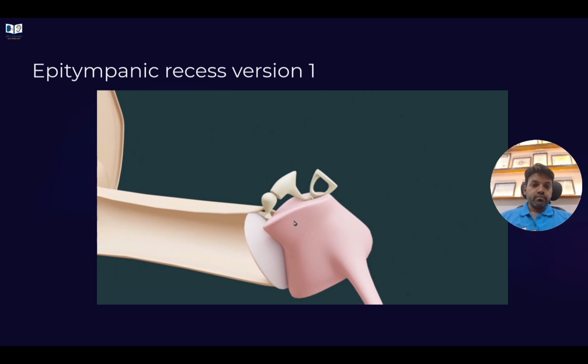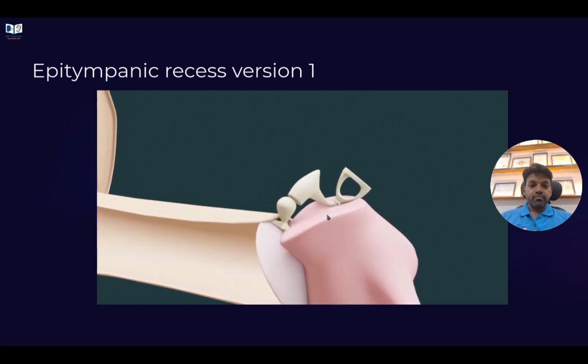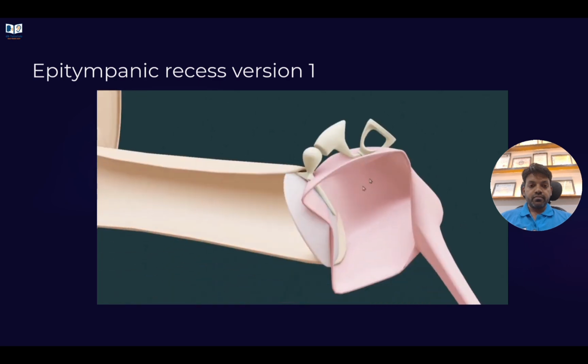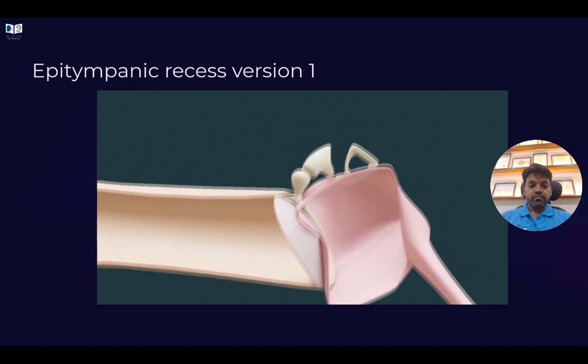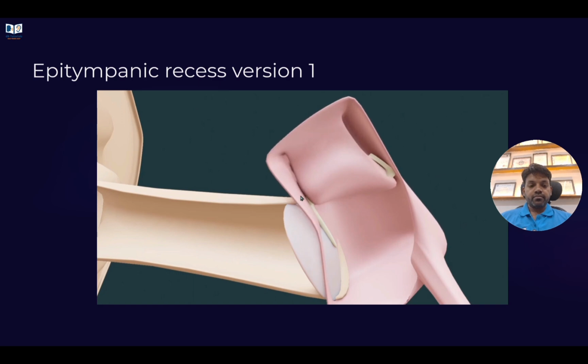Again, nature has been very kind to us and has provided a beautiful mechanism for this. The cranial end of the tympanic cavity will extend upward. Here I have removed the anterior wall to make you understand. It will extend upward and engulf these bones like this.